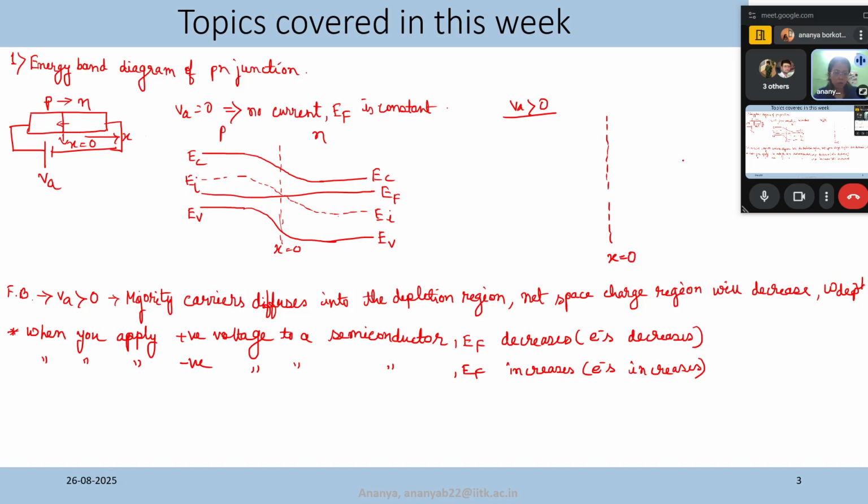I'll first draw everything away from the junction. Let's consider that we are drawing energy bands similar to potential, and potential we define with respect to something. There is no concept of absolute, so we are considering that our N side is our reference. Say EF was like this.